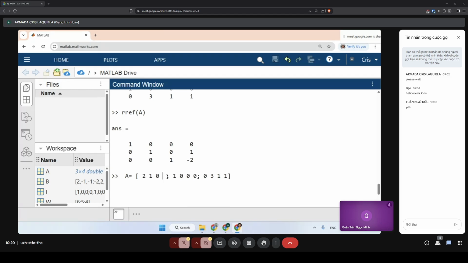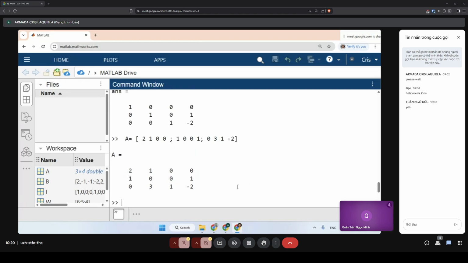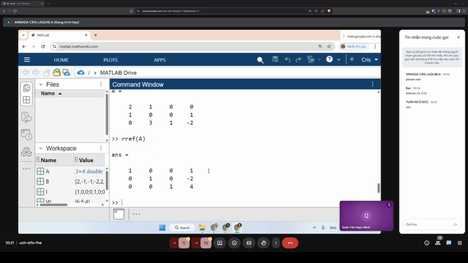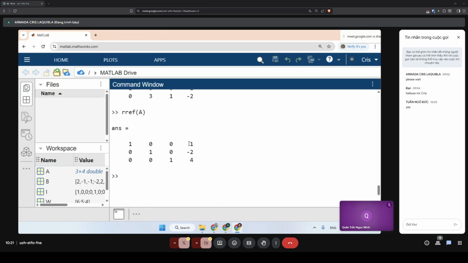This is 0, this is 1, now it's -2. So we have that matrix. Then after that, we take the reduced row echelon form of A. So we really get the value, right? It's 1, -2, 4 in the last column. So that's it.